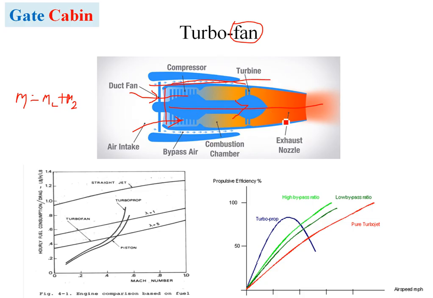It will produce a cooling effect on the engine. Okay, another important thing, like we talked about noise: this cold air which is coming from the surroundings of the engine mixes with the hot engine exhaust and reduces the noise. So this is another important criterion.